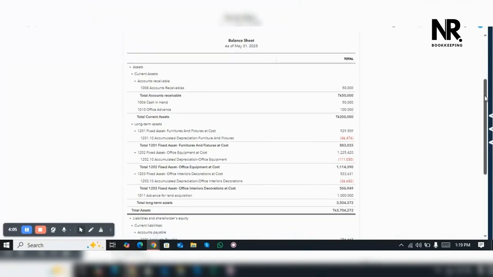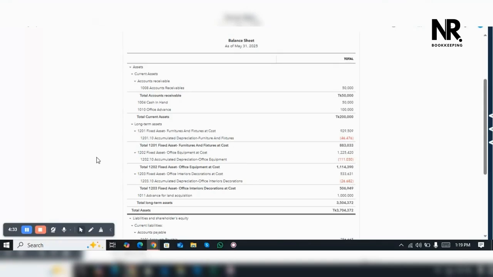As you can see, there are accounting heads for accounts receivable, cash in hand, and office advance. Initially, the client didn't recognize any assets, but after scrutinizing his previous web records, we saw that there are 3 asset categories, and we classified them accordingly. For example, there are furniture and fixtures, office equipment, and office interior decorations.